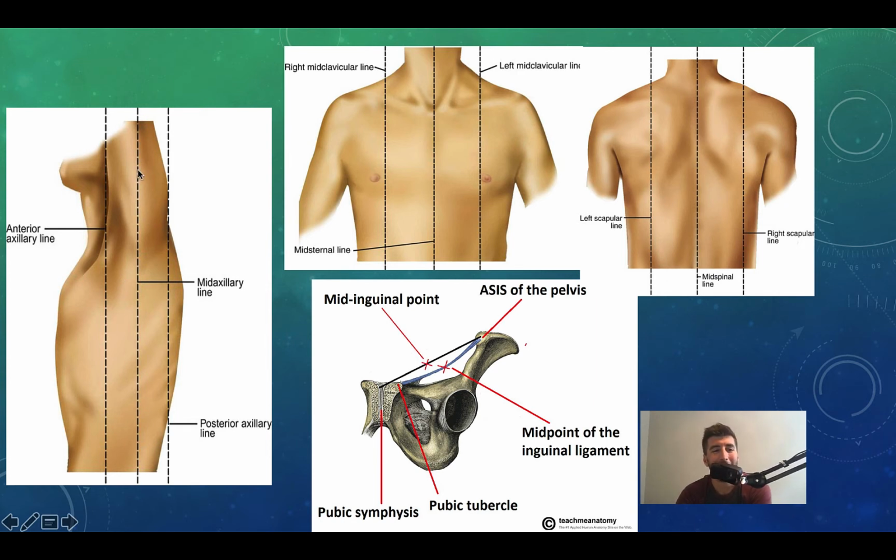The anterior axillary line is going through the anterior portion of the axilla, and the posterior axillary line is still parallel with the mid-ax and with the anterior axillary line, but running through the posterior section of the axilla. The mid-clavicular lines are going to be running between the sternal notch, or the one side of the clavicle, and the other side of the clavicle, so right down the center. The mid-sternal line right down the center of the chest, right down the middle of the sternum.